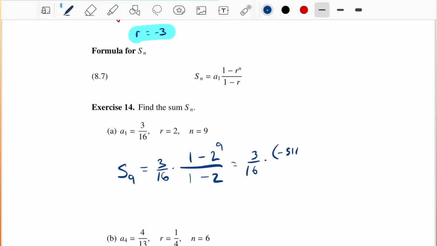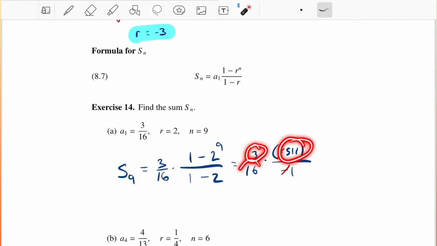Double negatives become positive, so I'm just going to cross those negatives out. The only thing we can do is 3 times 511 divided by 16. So 3 times 511 is 1533 over 16. That is our final answer.